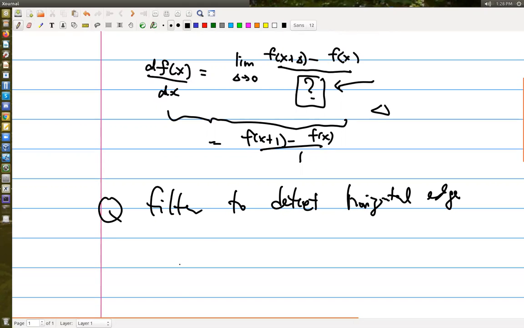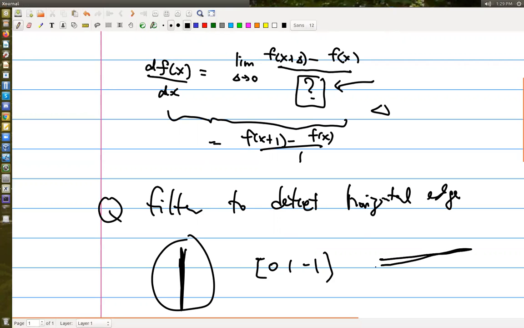Just now, we detected a vertical edge, right? We detect a vertical edge with something like 0, 1, -1, something like that, right? So to detect a horizontal edge, instead of detecting something like this, if I want to detect something like this, what should be the filter for that?